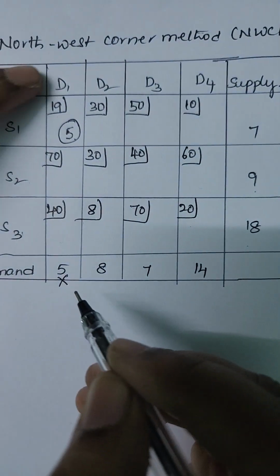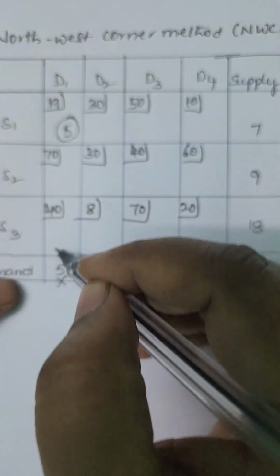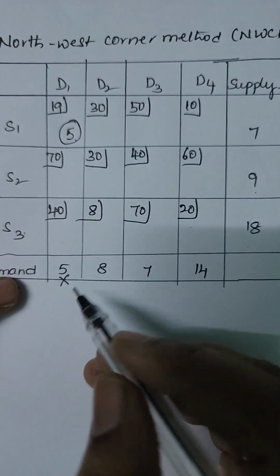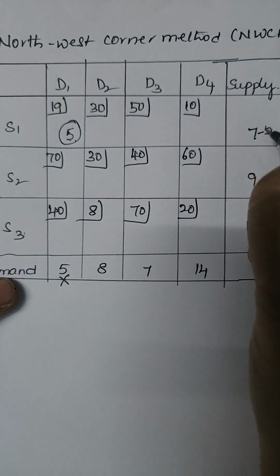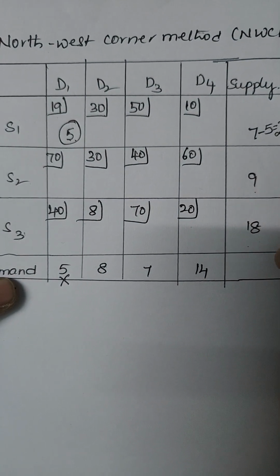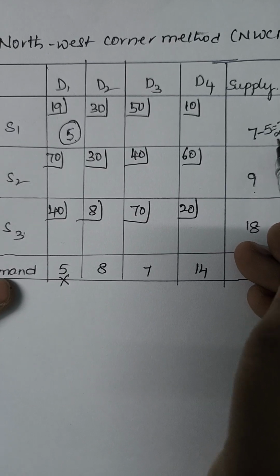After assigning 5, the demand at D1 is satisfied because the demand at D1 is only 5 units. So we will strike off this column. We have supplied 5 units, so 7 minus 5 is equal to 2. So at S1 we have only 2 units to supply.